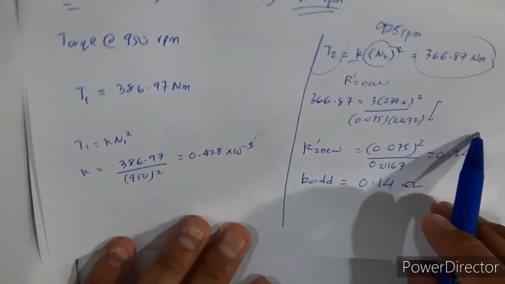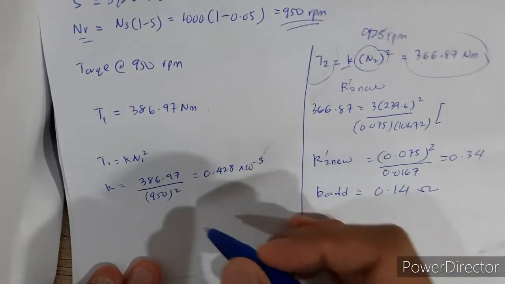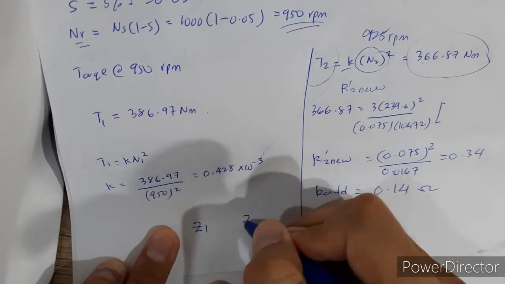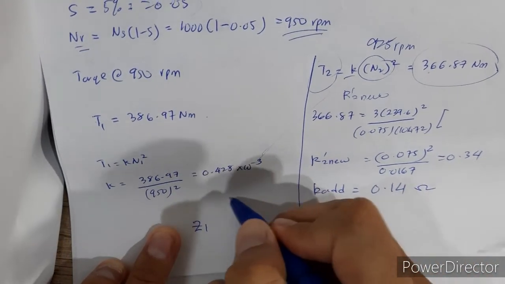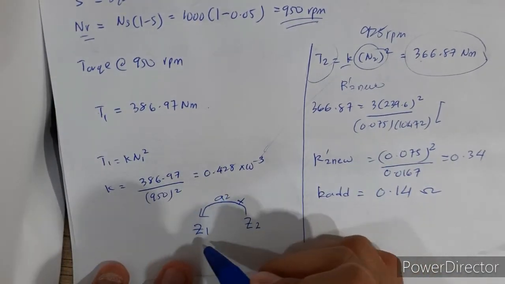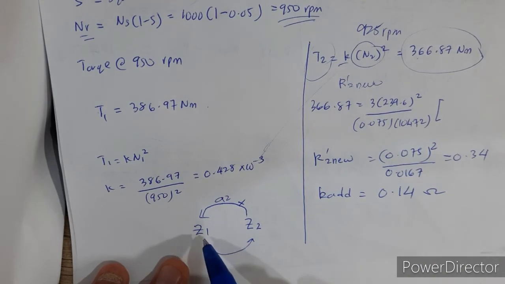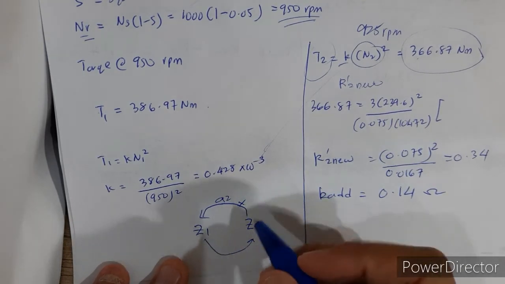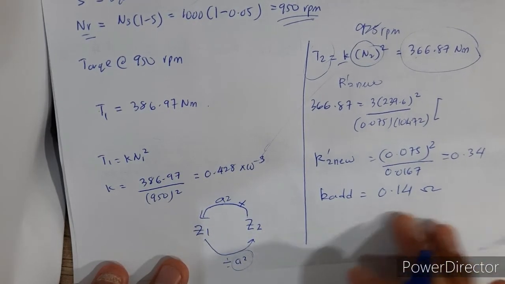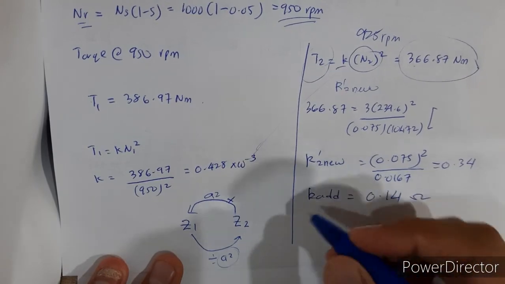If you still remember how we bring the impedance from primary to secondary side, for example Z1, Z2: from Z2 we multiply by A squared, and from Z1, which we want to bring from primary to secondary side, we divide by A squared. So A is the turn ratio. Given the turn ratio is 2, we can bring this R at to the rotor side.